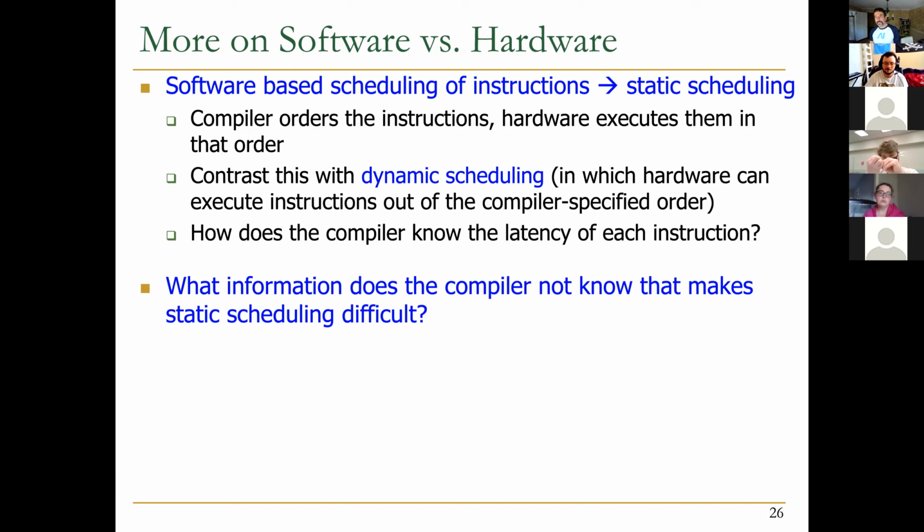So knowing the latency of each instruction, for example, maybe you have a scheduler, and scheduling means that you have one resource, and you want to order which one goes and is processed first, right? You want to make an order.